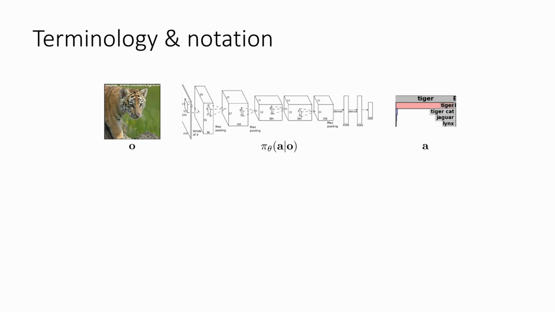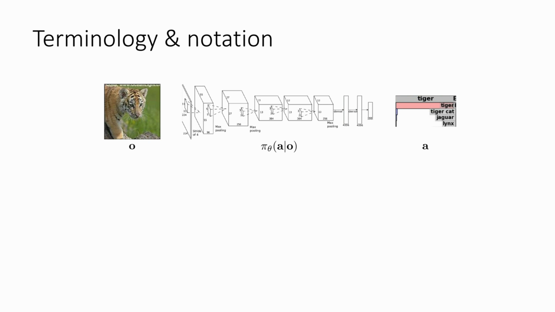Instead of calling the image I for image, we're actually going to call it O for observation. And we're going to call the output A for action. You can kind of think of this label as the action that your classifier takes. The classifier takes the action of guessing that it's a tiger, or the action of guessing that it's a lynx, or something like that.